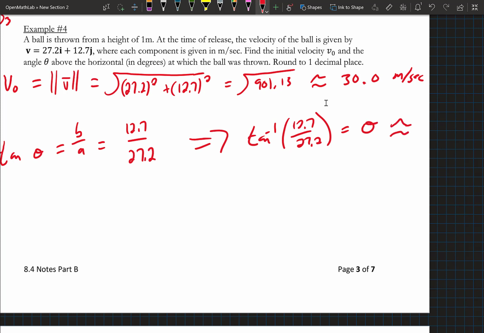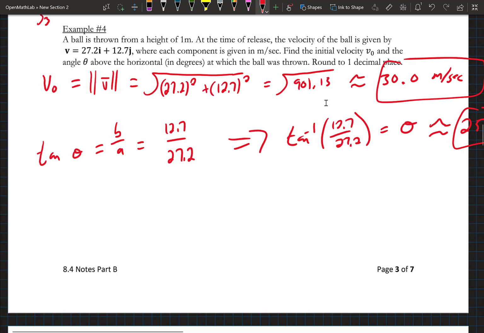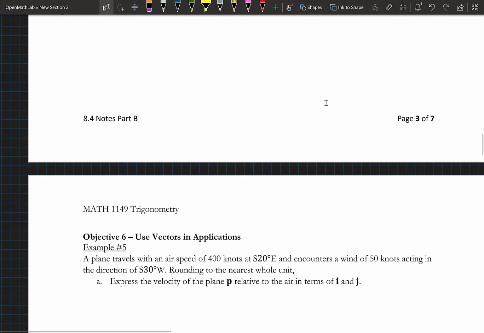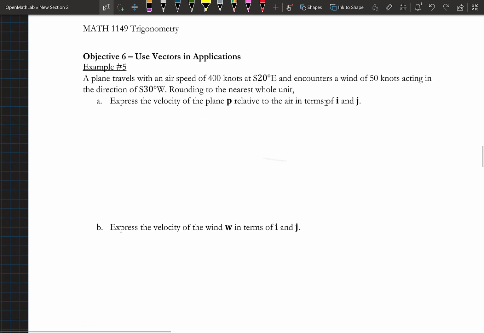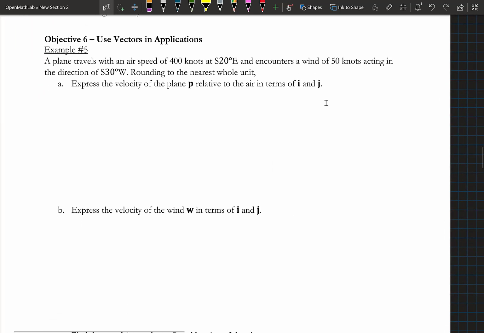Make sure your calculator is in degree mode, but this should come out to be approximately 25.0 degrees. Those were the values that we were looking for, so you want to be comfortable with those equations for the vectors.